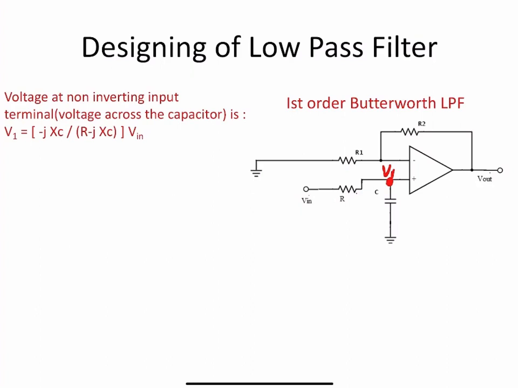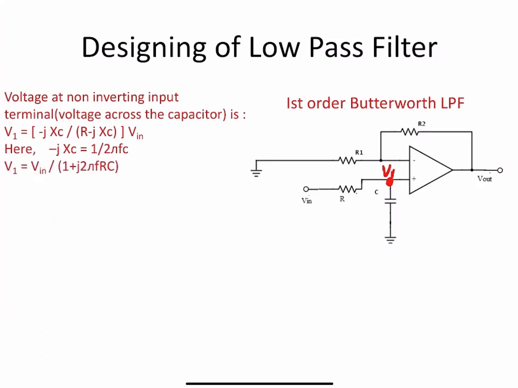All the current will flow through the capacitor. It means these two components are in series. You can use the voltage divider rule to find the voltage V1 here. Next you can put minus jXC equal to 1 by j2πfC, as the reactance is 1 by j2πfC.